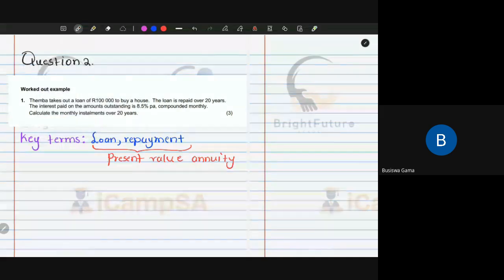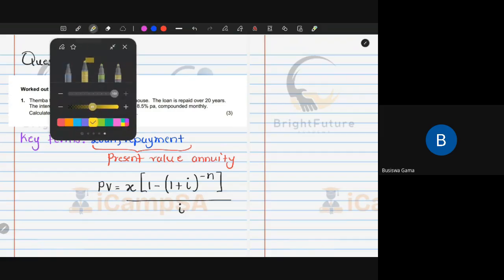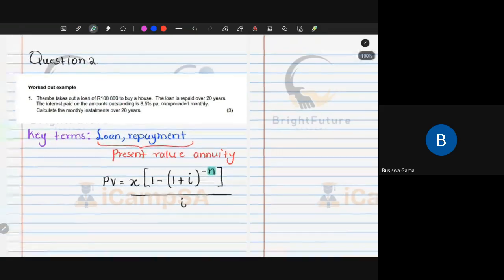When you go to the back of your paper, you will see it is PV equals X into 1 minus (1 plus i) to the power of negative n, divided by i. In your formula sheet, it would be written like this, but I prefer to rewrite it. You will look for this formula, the one which has a negative n.